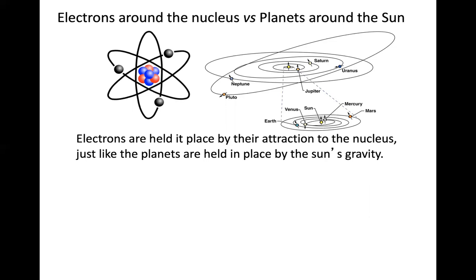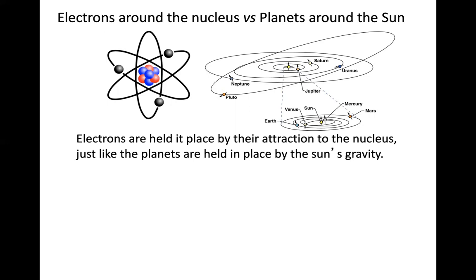It is true that the electrons are held in configurations around the nucleus because they're attracted to the nucleus, because they're negatively charged and the nucleus is positively charged. Just like all of the planets are held in orbit because of the gravitational force of the sun. That's true.